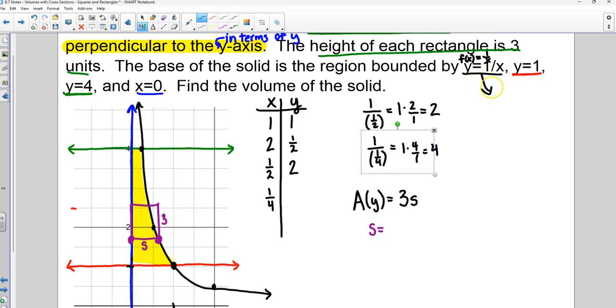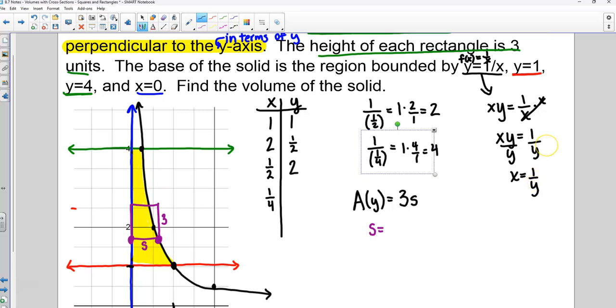So what I'll do right here is, this is y equals 1 over x. I'm trying to solve for the x instead. So I'm going to multiply both sides by x. There. x times y equals 1. And then what do I do? To get that x by itself, divide by y. So x equals 1 over y.